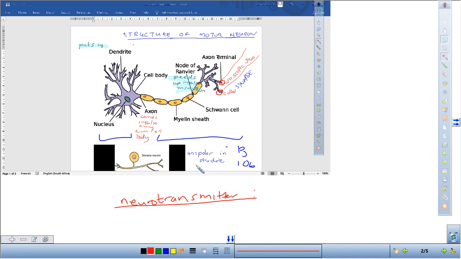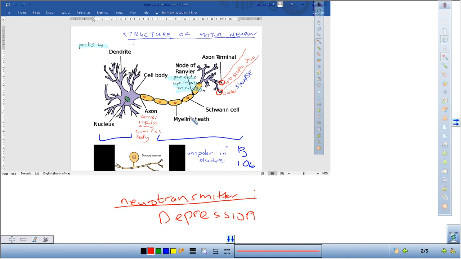I was speaking to you about acetylcholine, which is not for examination purposes, but I just want to tell you a little bit about this because there's so much stigma attached to depression. Now, if an insufficient amount of neurotransmitter is produced, this will cause a delay in impulse transmission.